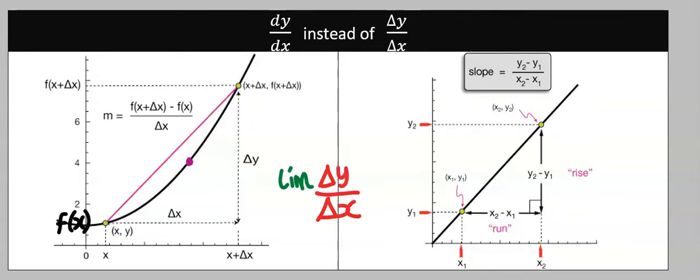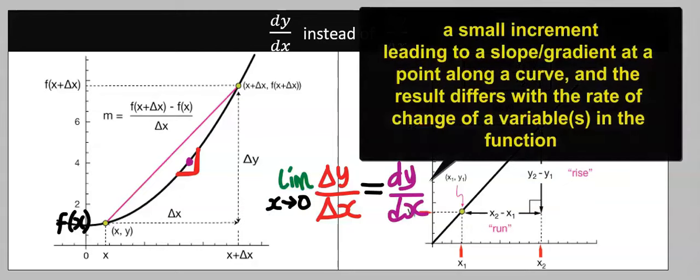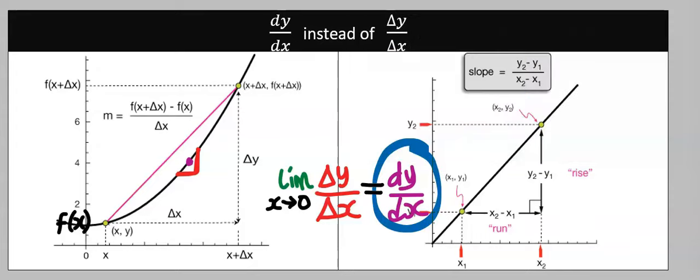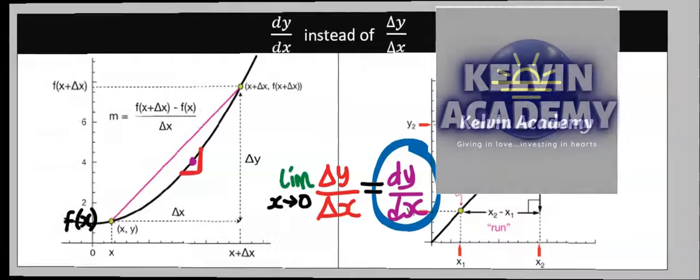Hence, I will start to shrink this triangle so small that the limit is running closer to 0 but not equal to 0. By so doing, I will now obtain dy dx. This is the concept of limit functions in pre-calculus.